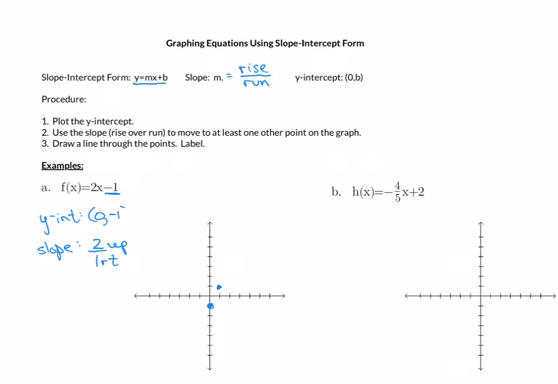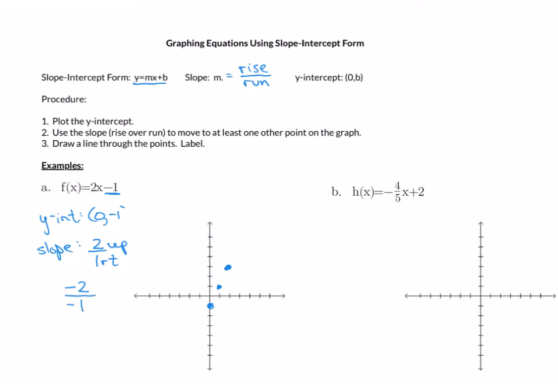And you can do this from any point on the graph. So for instance, from here, I can go 2 up and 1 to the right, and it continues going. Now, just so you know, slope doesn't move just one direction, you can move the other direction. So 2, I can also write this as -2 over -1.